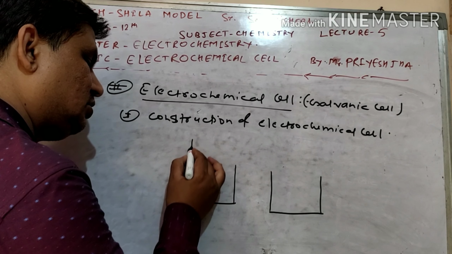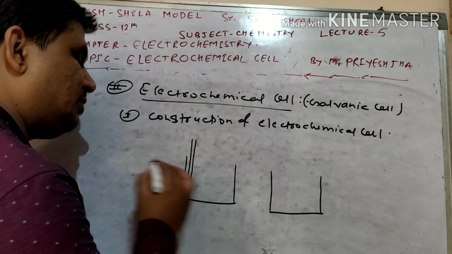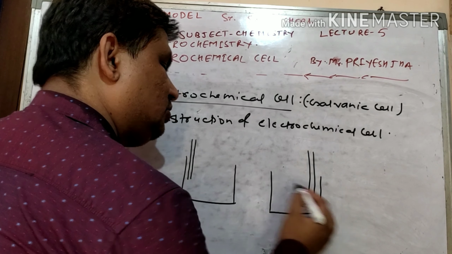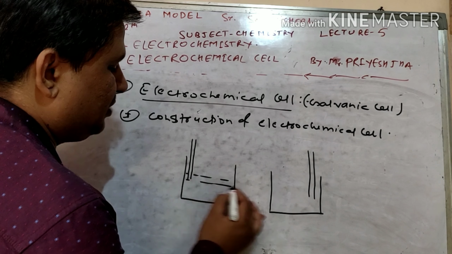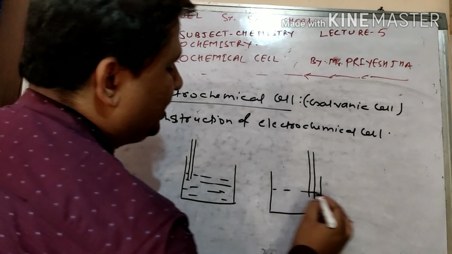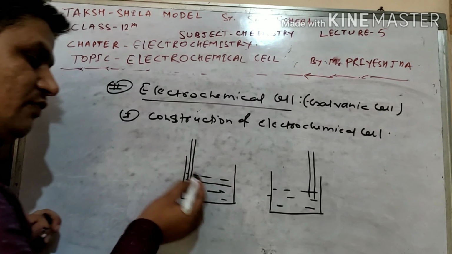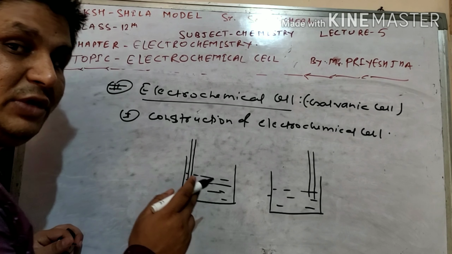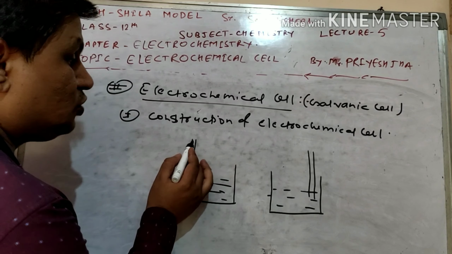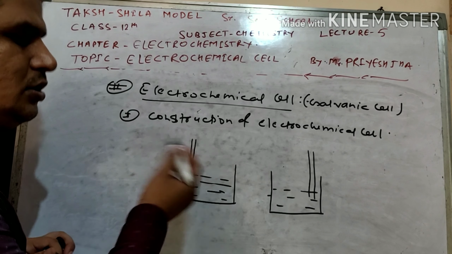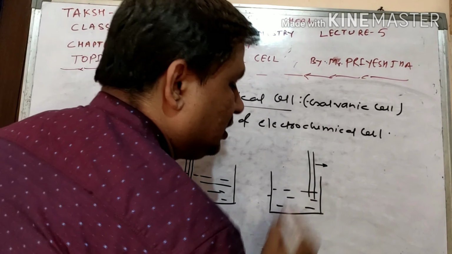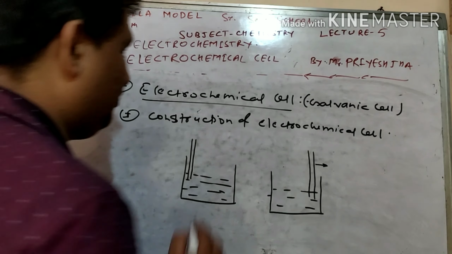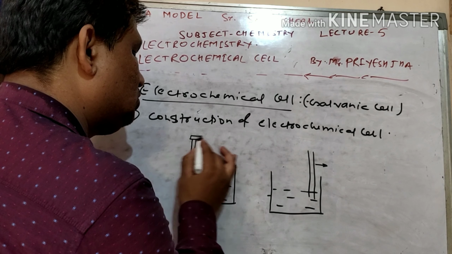In one beaker, a metal electrode is present and in the other, another metal electrode is present, along with a salt of the same metal in the respective container. Suppose this electrode is zinc, then its salt will be a salt of zinc, and if this is a copper electrode, then its salt will be copper sulfate.